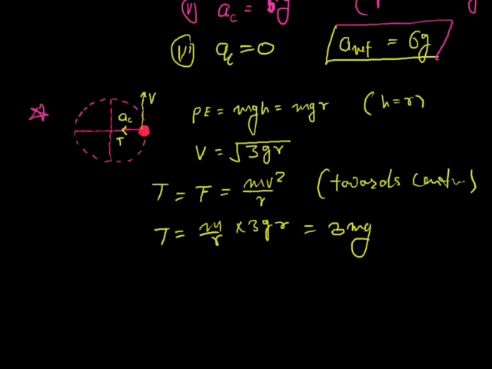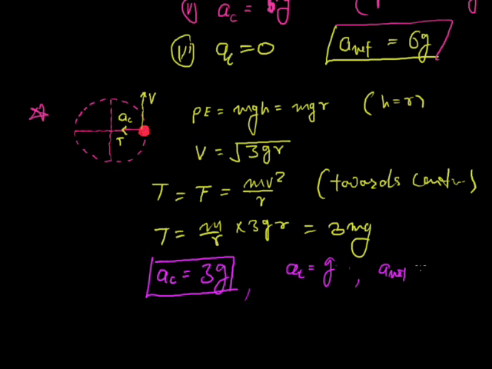So centripetal acceleration is 3g only, and tangential acceleration is g, and a net is equal to root of g square plus (3g) whole square, that is equal to g root 10.